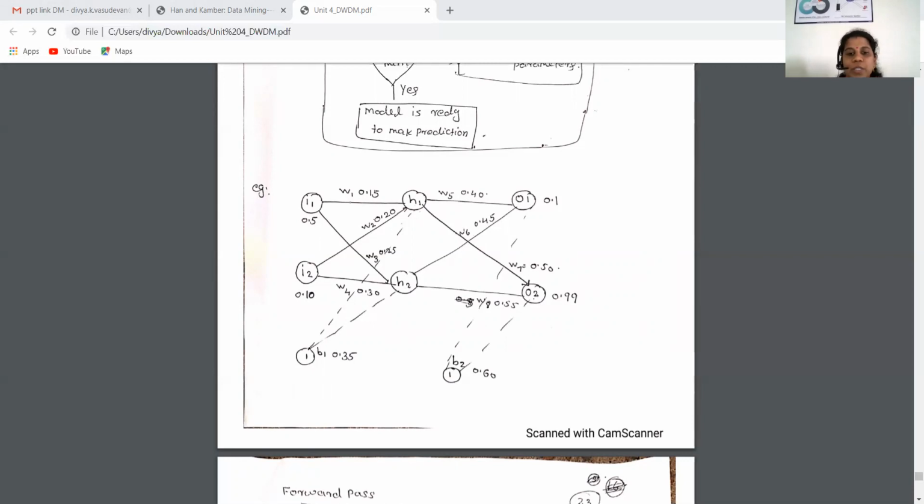Before going to the efficiency, the whole process of backpropagation can be summarized like this. First, initialize the weights to small random numbers associated with biases. Then propagate the inputs forward by applying the activation function. Then propagate the error by updating weights and biases, and terminate when the error is very small. So these are the main steps that we were applying.